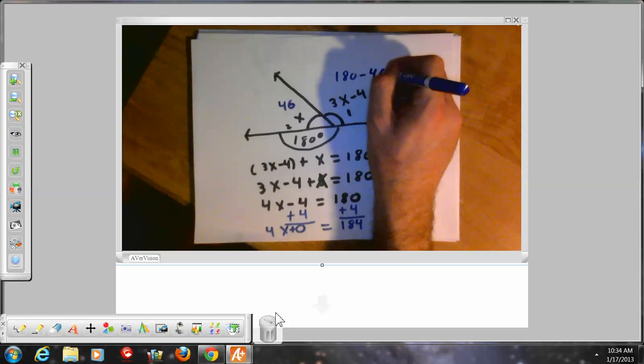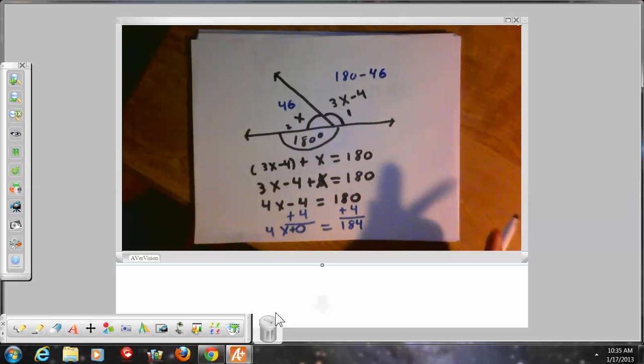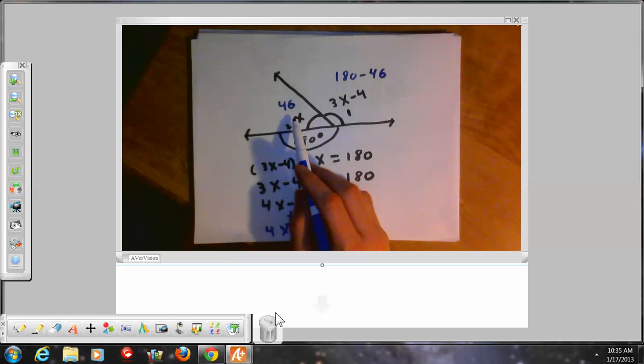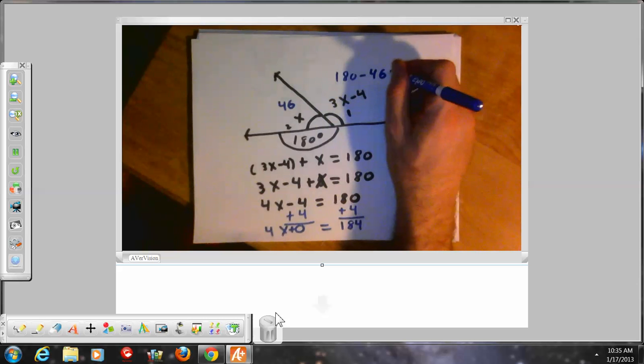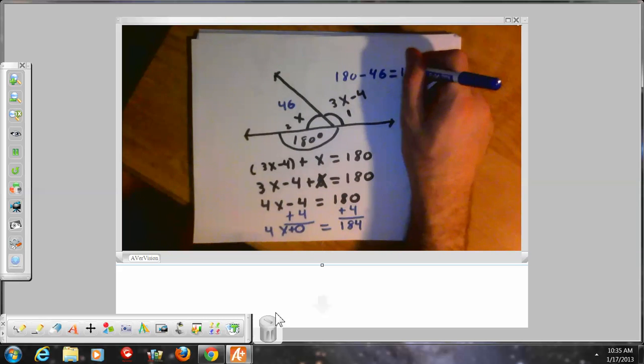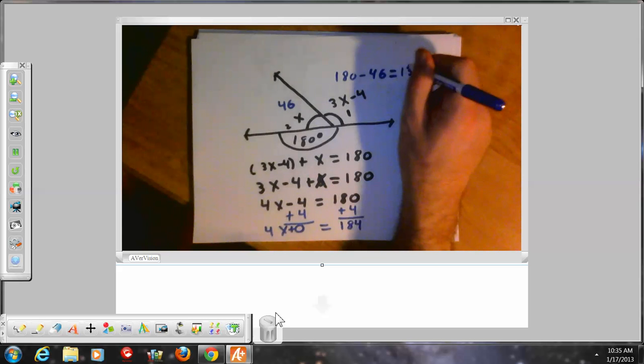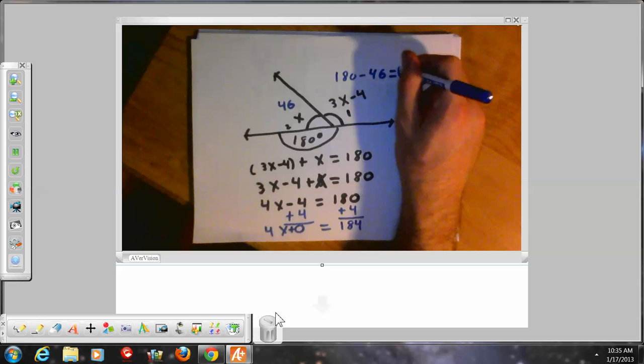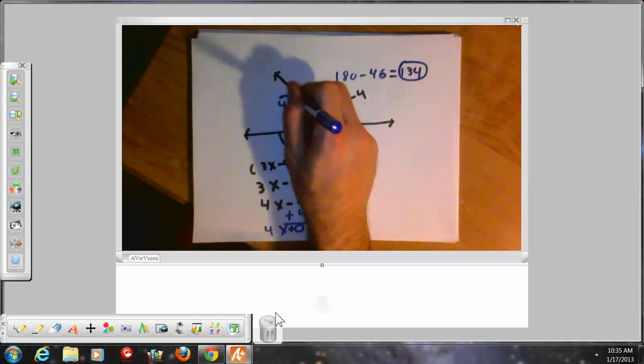If you have supplementary angles and they tell you one angle, the other angle is just 180 minus that angle. So 180 minus 40 is 140. 140 minus 6 is 134. So my answers are angle 1 is 134, angle 2 is 46.